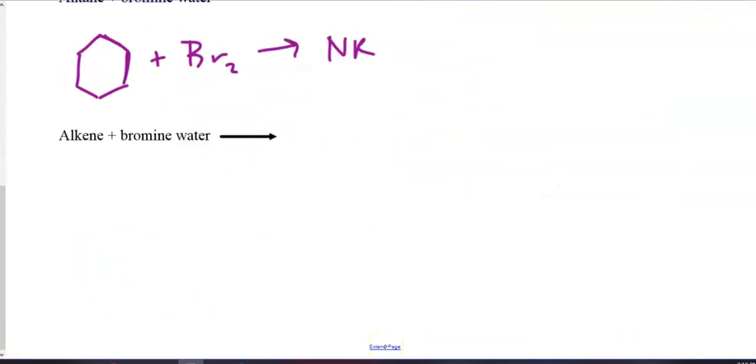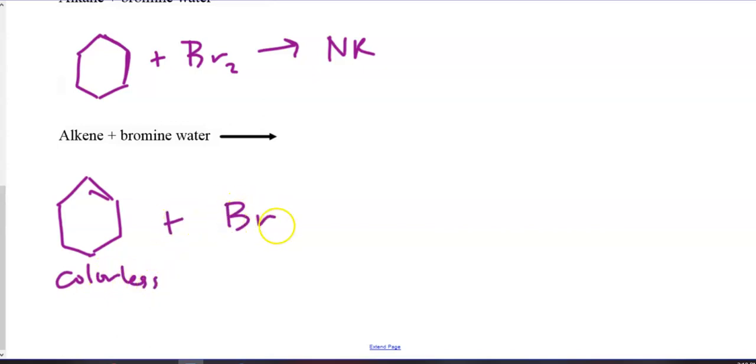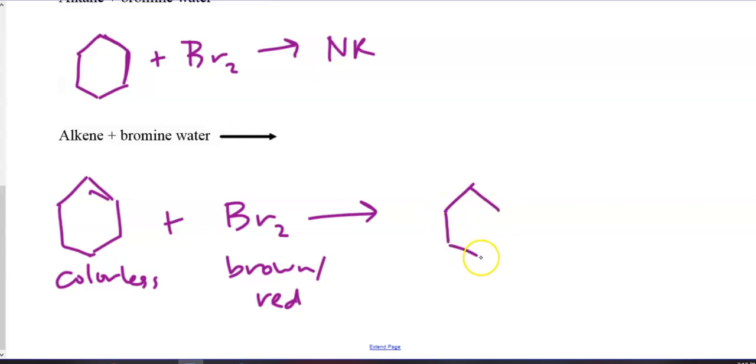Whereas if we have an alkene, let's say we turn that cyclohexane into cyclohexene, so we've got a double bond in one spot. This is colorless. Let's add that bromine water, which is that brown red. That bromine is now going to bond where that double bond was, so we're going to have a bromine here and a bromine here.